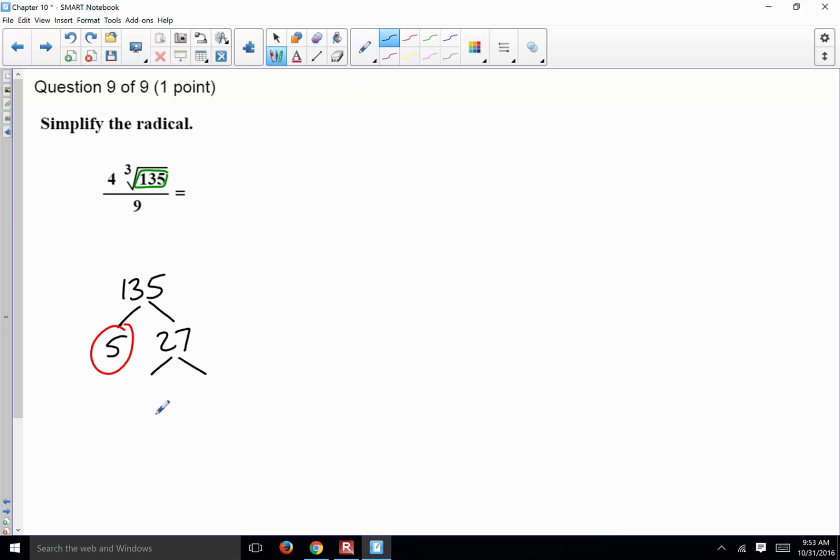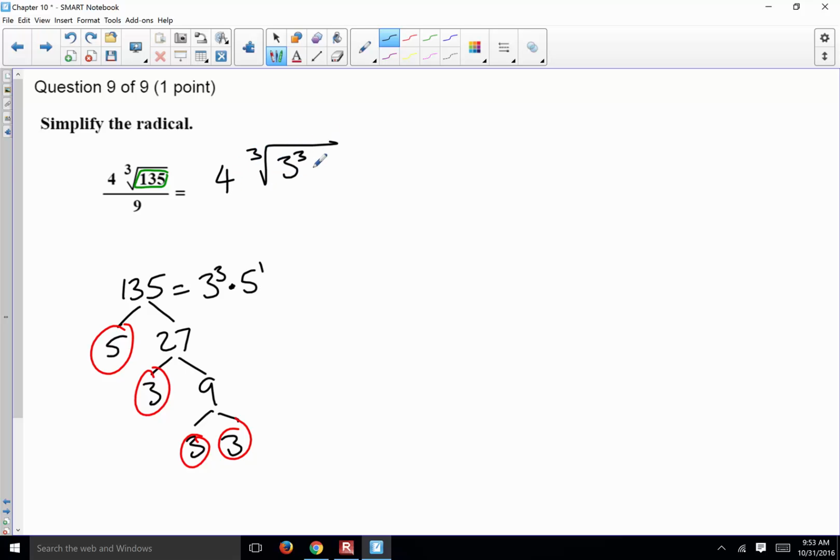Can you break 2 numbers multiplying into 27? 3, 9. 3 is locked. 9, how about 9? 3 and 3. Oh, look at this. You have triple 3, single 5. So that means 3 cubed and 5 to the first. So that's the 4th root of 3 cubed and 5 to the first.